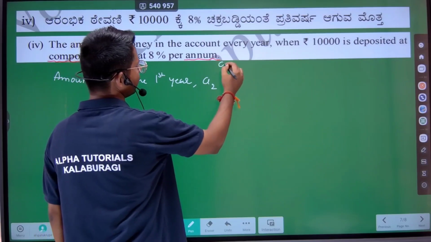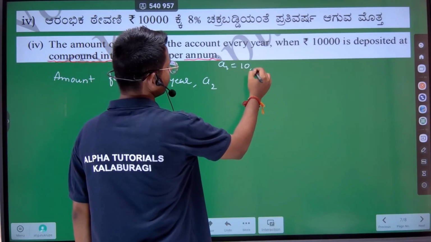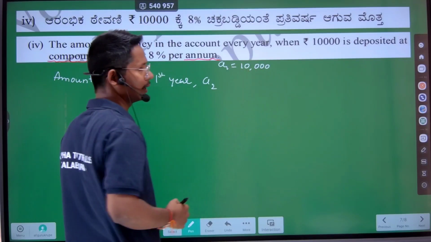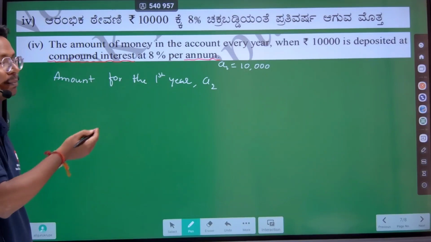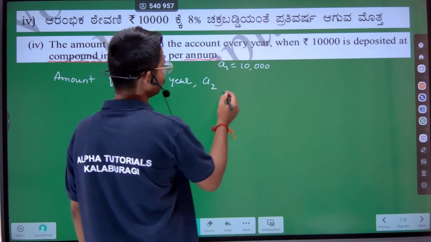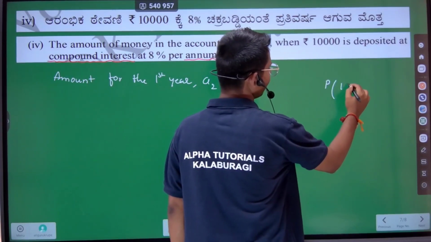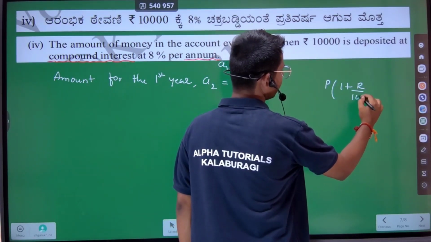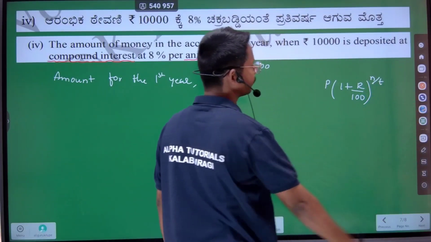The formula you can use is P of 1 plus R by 100, to the power N or T.